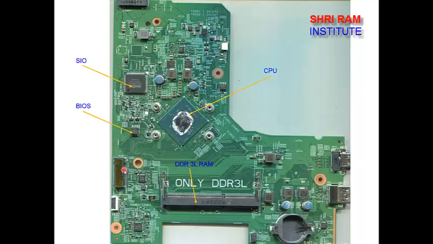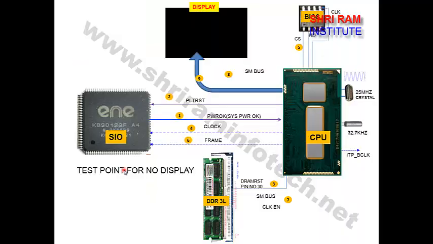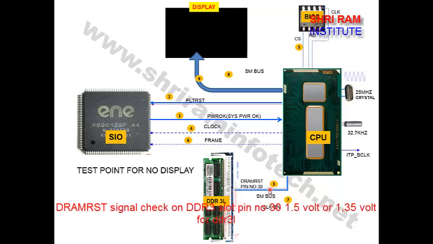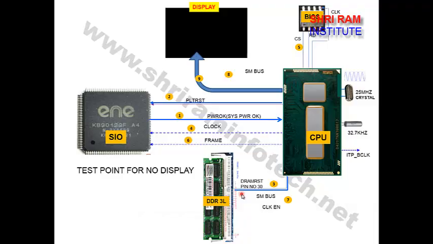After PLT reset, the next signal you have to check is called the DRAM reset. The DRAM reset signal comes from the CPU and goes to the RAM. You have to check the signal at RAM pin number 30.